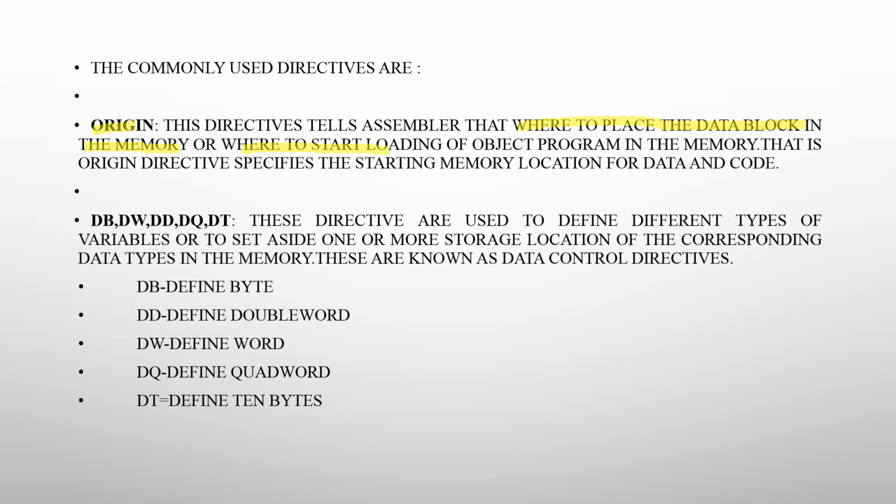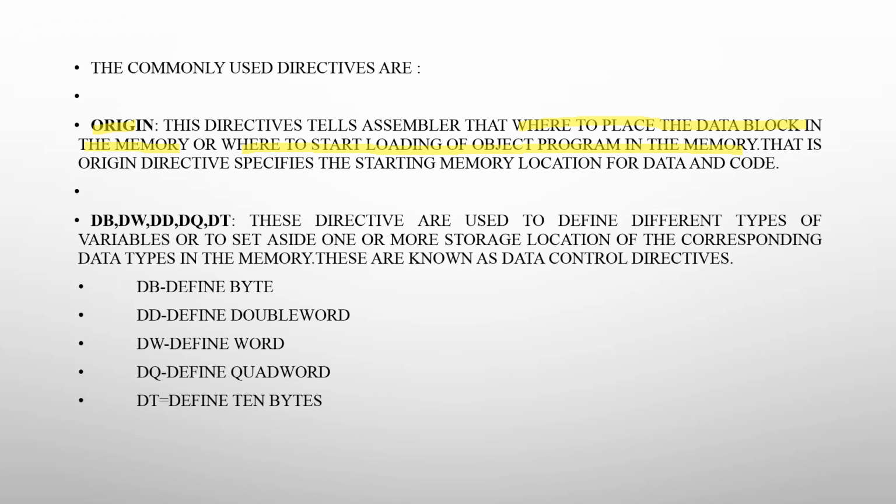That is, from which particular address we can load the starting instruction within the memory. So the origin directive specifies the starting memory location for data as well as code.